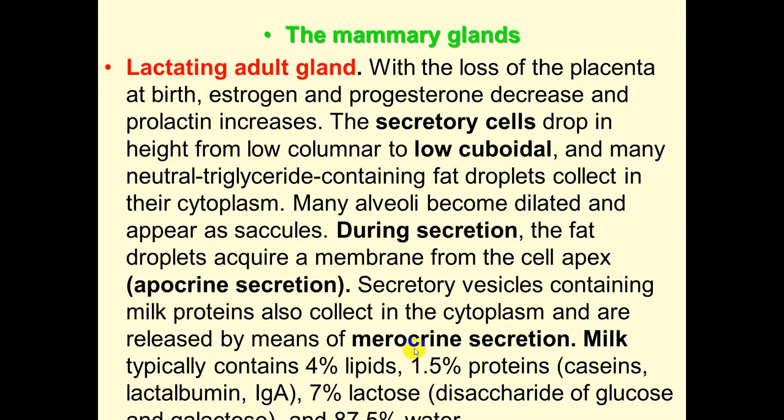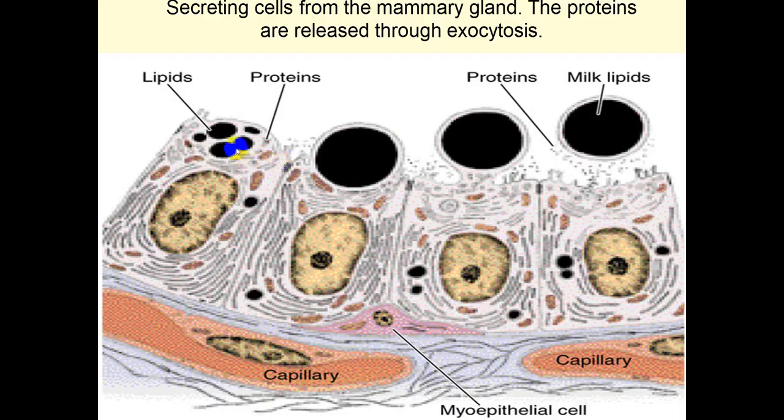So this picture shows you the cells and their type of secretion in the alveoli of the mammary gland during lactation. You can see the tall columnar cells with lipid droplets, which separate, as you see, by the apocrine type of secretion. The apical part of the cell becomes a component of the secret.